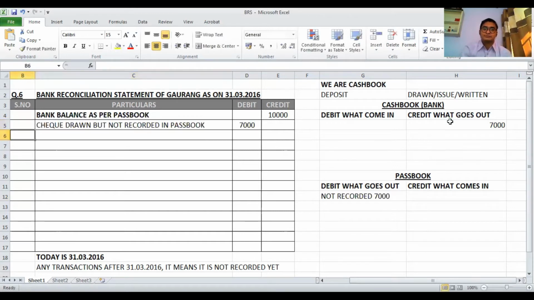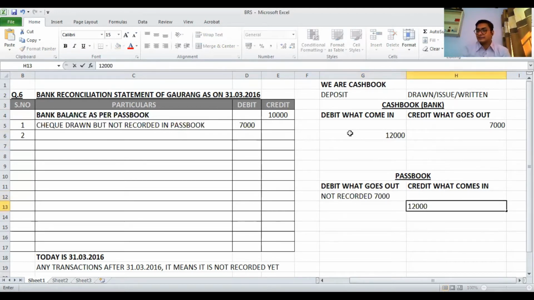Got it? Very simple. Second, a check of 12,000 was deposited with bank. Now here I have deposited a check of 12,000. So deposit side means debit side as per cash book and as per passbook it is on credit side.